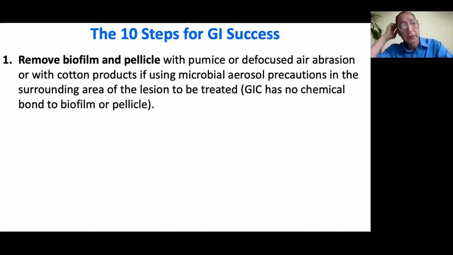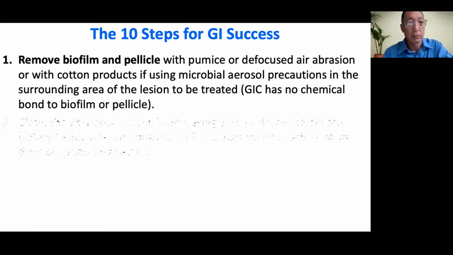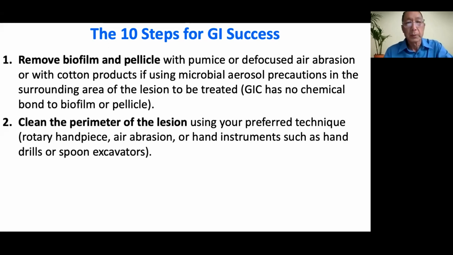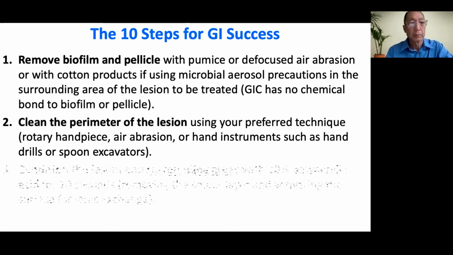Again, if you can't use rotary hand instrumentation because of aerosol, you can get creative with pumice and a cotton ball and scrub it. Clean the perimeter of the lesion as Ian showed you, either with your technique of choice, rotary handpiece, air abrasion, hand instrumentation such as hand drills and spoons.